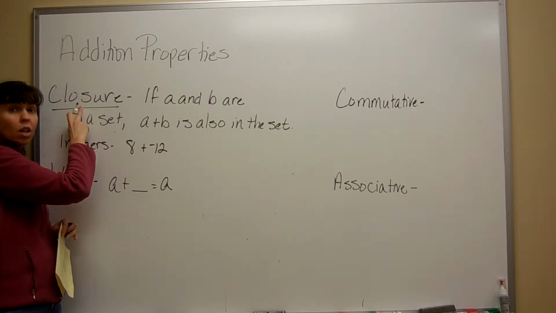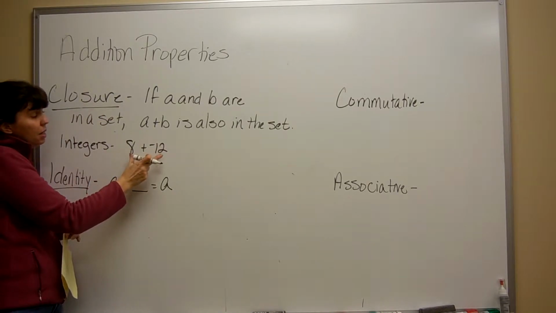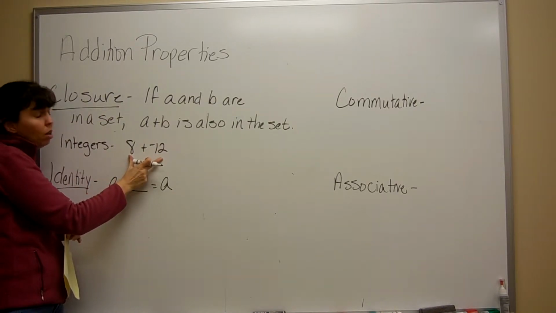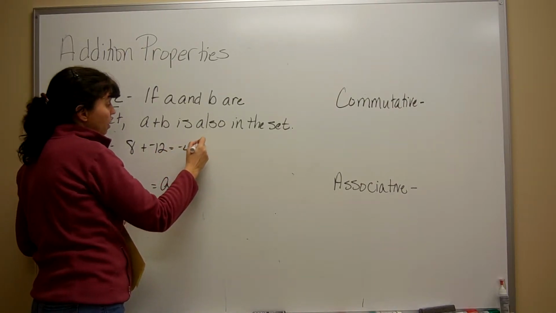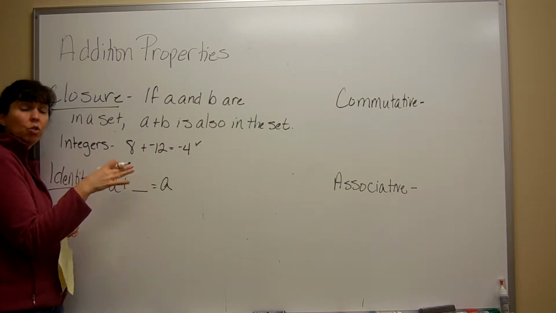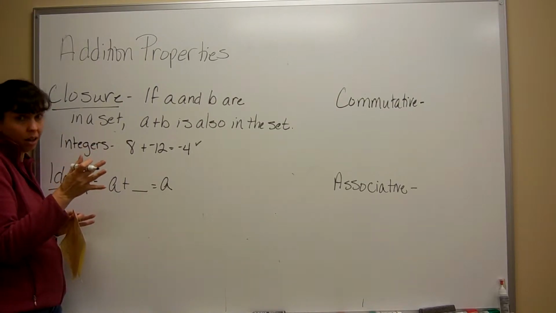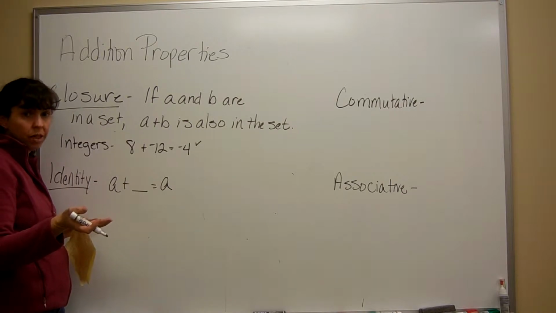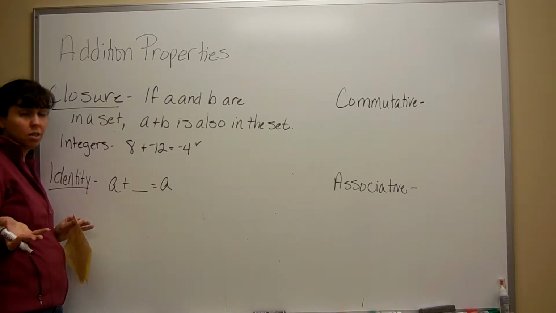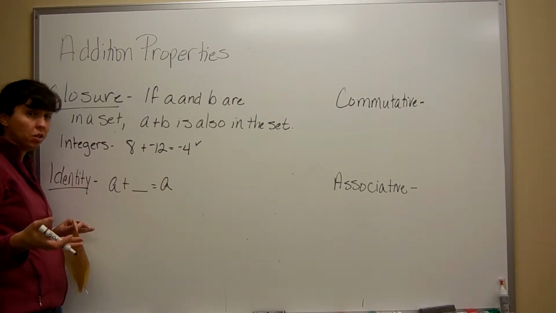If there is closure, then the sum would also be an integer. Well, that is the case. If that's true no matter which two integers I pick, and the answer is also an integer, then it's considered closed for integers.